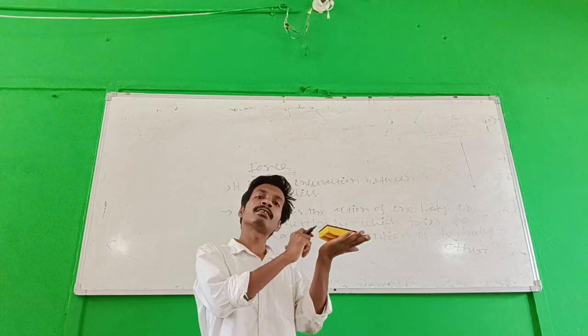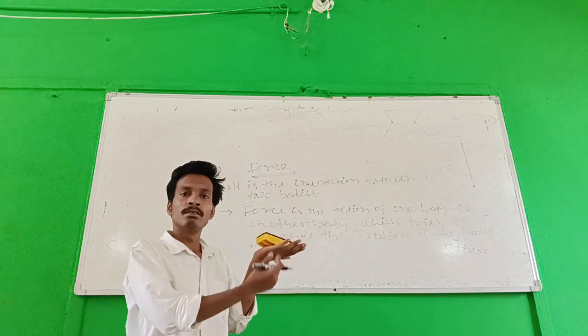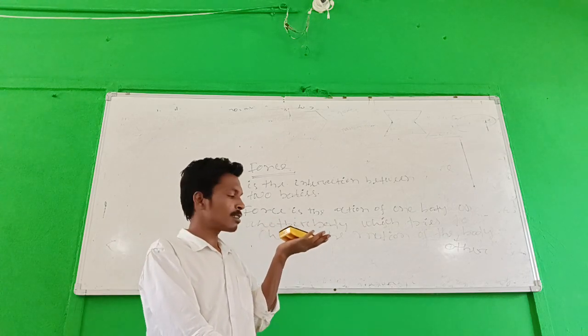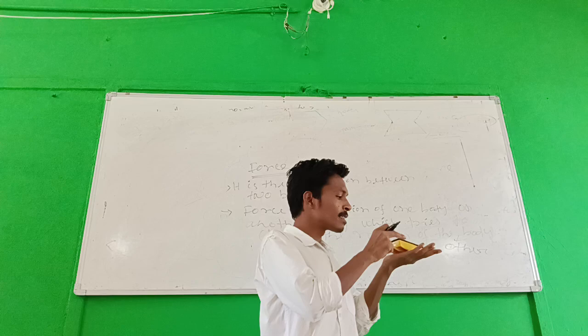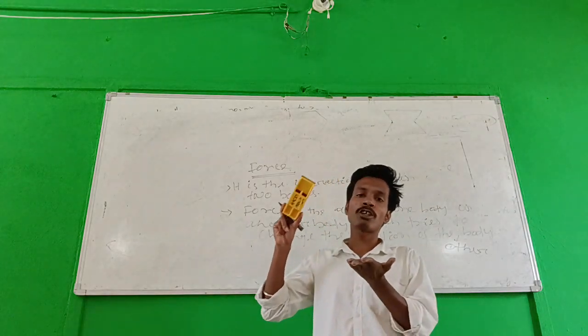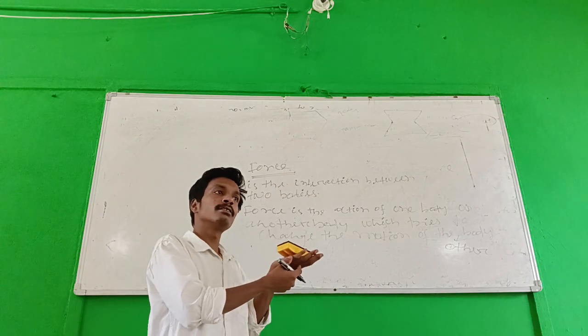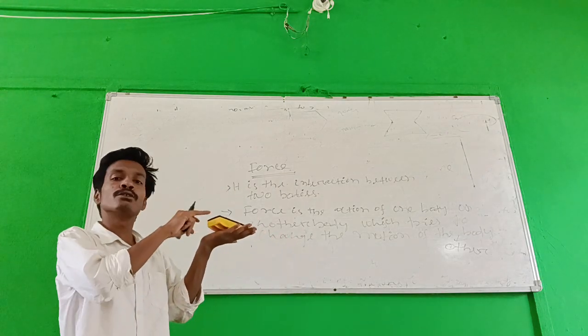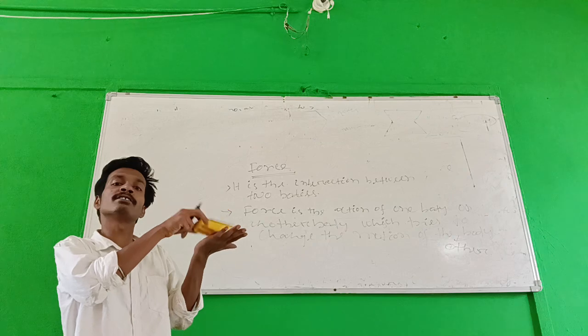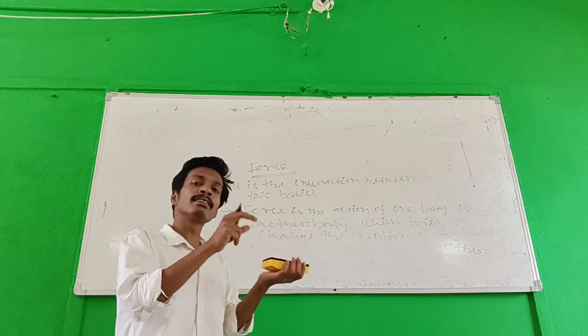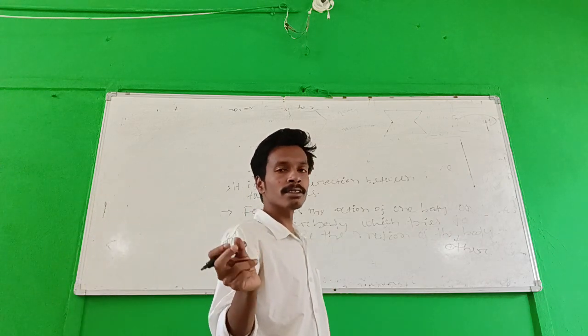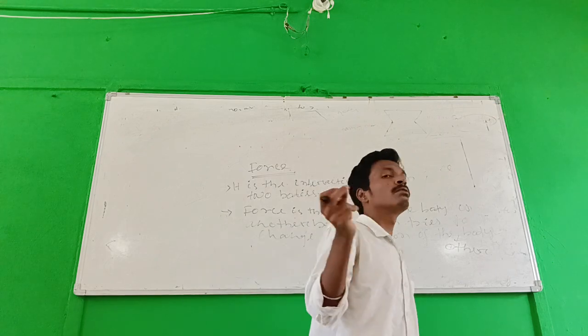But this body is trying to put me down. This duster is applying some force on my hand to try to change the position. That is the work of force.